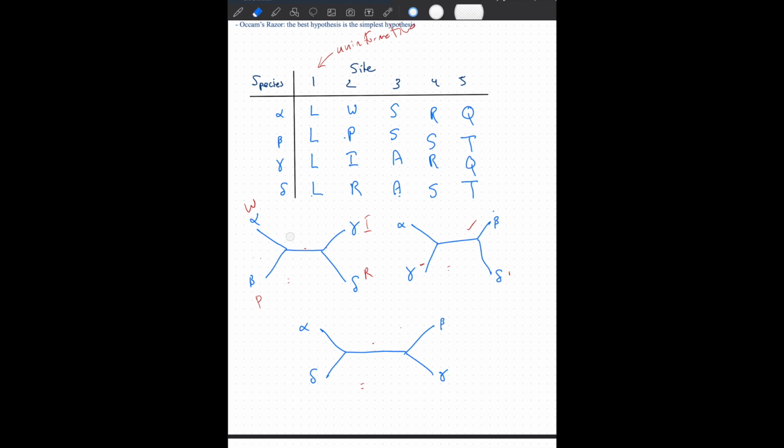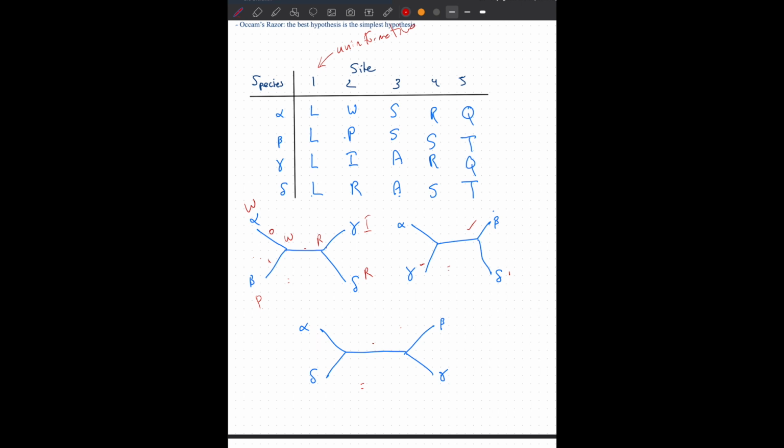Let's say I choose a W, the tryptophan. That means I score 0 on this branch, no mutation. I score 1 on this branch to switch from tryptophan to proline, right? I think that makes sense. Now over here, the same logic, but let's put R there. And it won't matter if I use I or R right there.